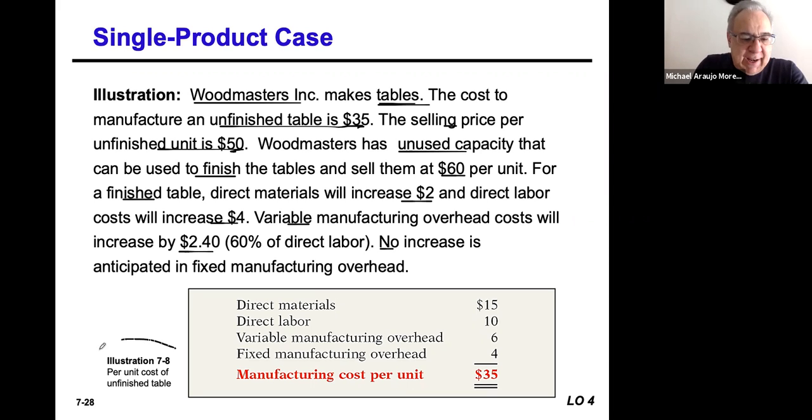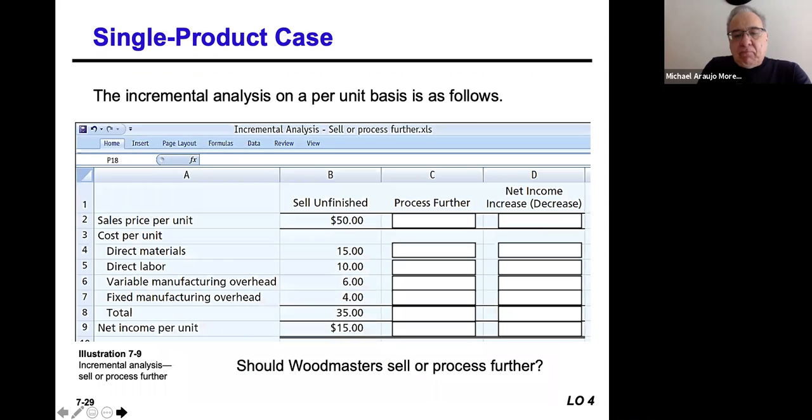So when you look at illustration 7.8, it tells you the manufacturing cost for an unfinished table. Direct materials is 15, direct labor is 10, variable 6, fixed 4, total 35. All this other information would be if we processed it further. So let's find out if we should process it further or not.